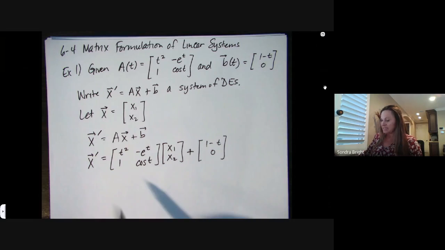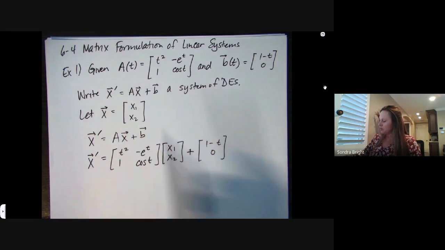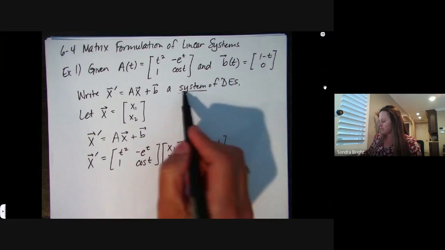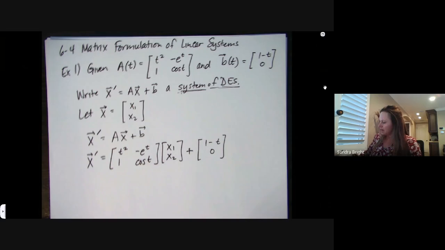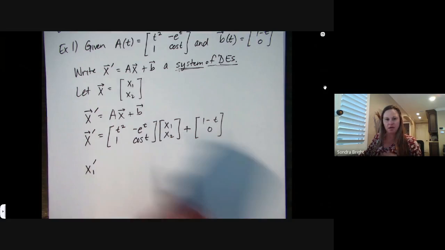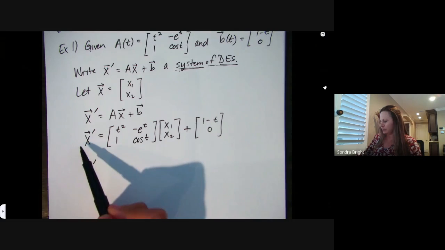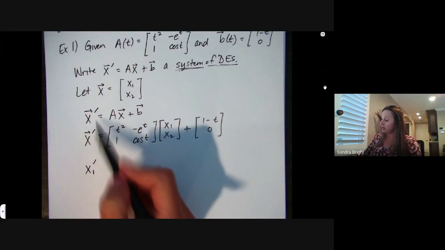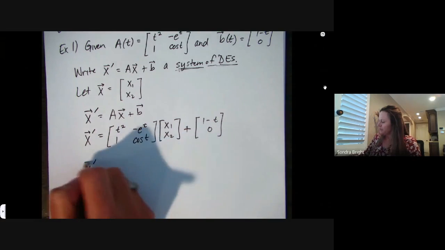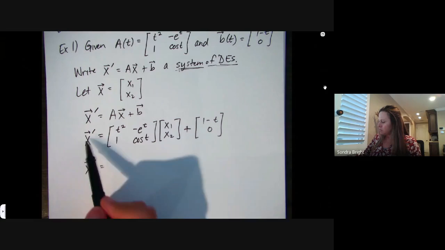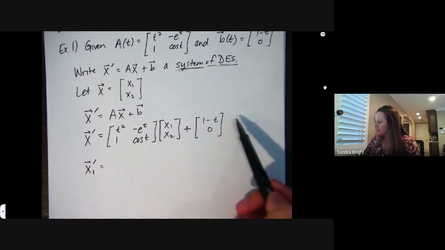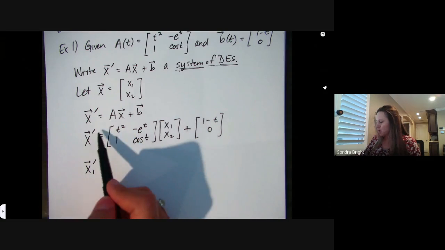We plug these in, but they want us to write them as a system of differential equations. So they want the individual equations. Well, we can do that, right? We can say x1 prime, because remember this vector is the column of all the x prime. So x1 prime and then x2 prime. So this is equal to first row times the column plus the first row. Remember how you multiply matrices: row 1 times column 1.